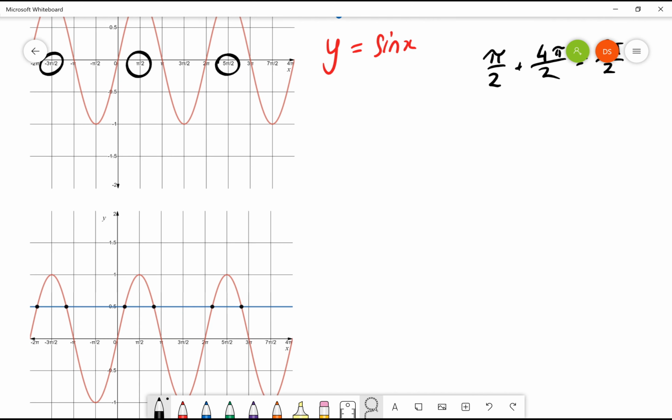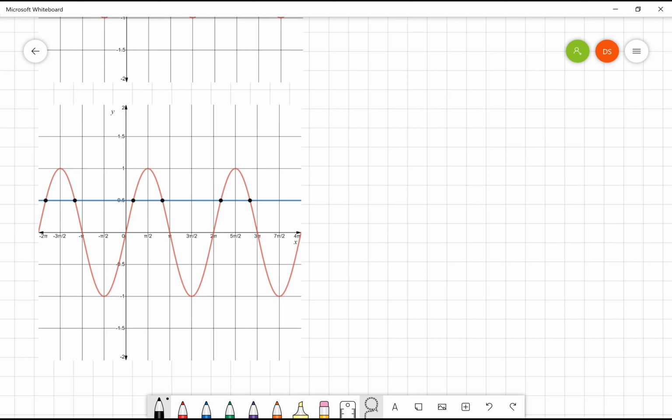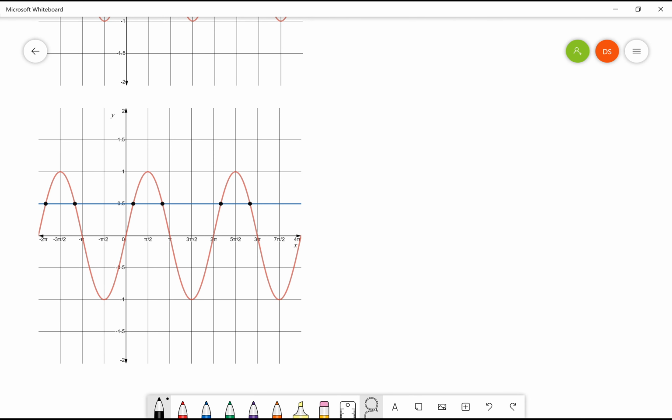Okay, let's just quickly look. And here, if you're curious, my red equation is y equals sine x once again. I didn't want to be too adventurous. And my blue equation is y equals 0.5.